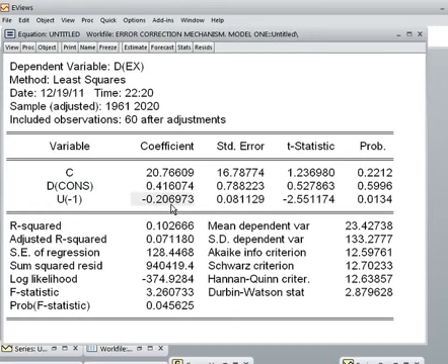Here we have annual data, right? The data we are using in this model is annual data. So the error correction term is correcting the disequilibrium at the rate of 20.69% annually.